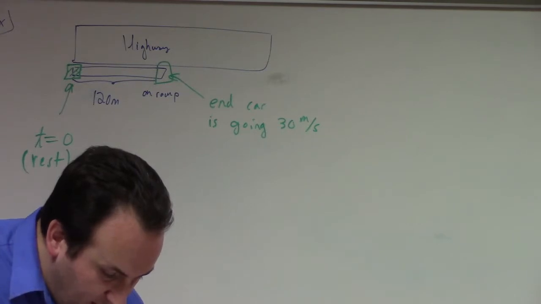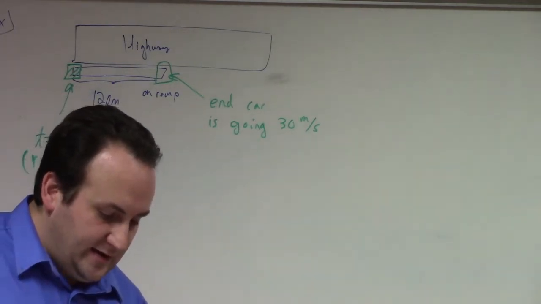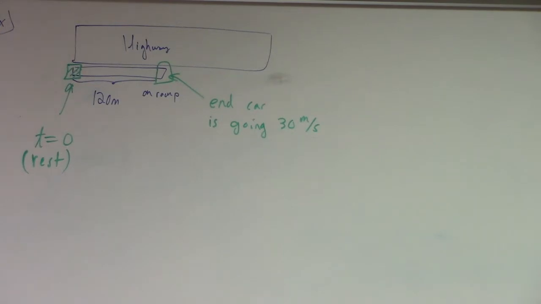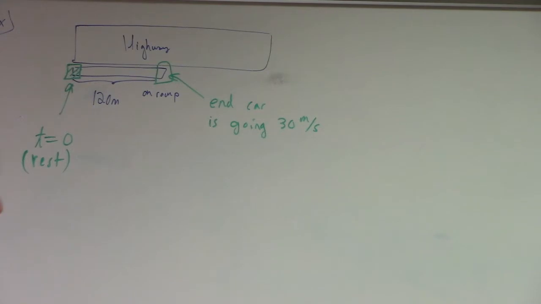All right, now what else are we told? It starts from rest, moves along a straight line, and has a final speed of 30 meters per second when it gets to the end of the ramp, which is about highway speed. For mine, it's 67 miles an hour. So there are a few questions asked. First, what was the acceleration of the car?